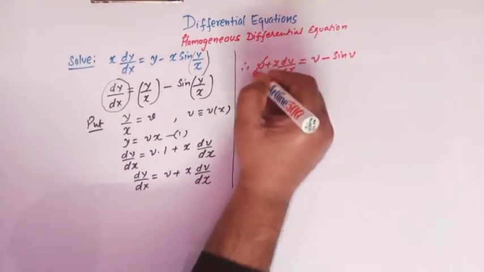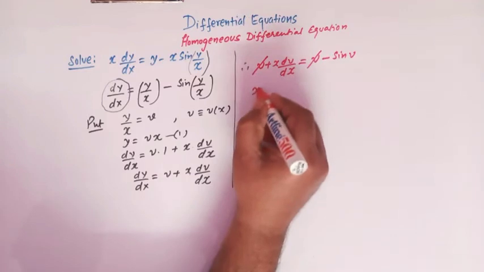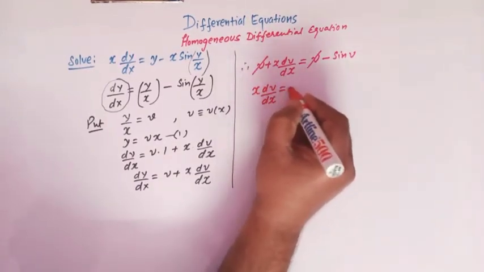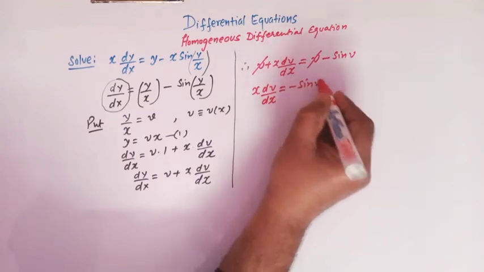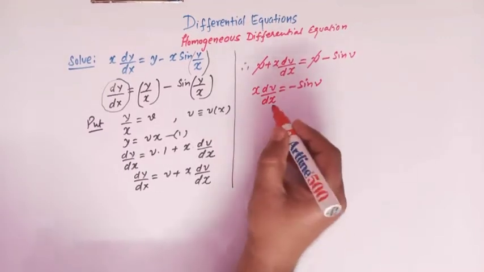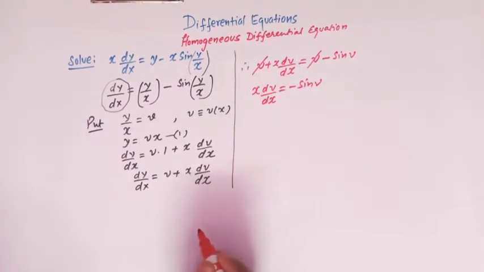Now this v and this v get cancelled, and we are left with x dv over dx is equal to minus sine v, and now we see that this differential equation reduces to the variable separable form.